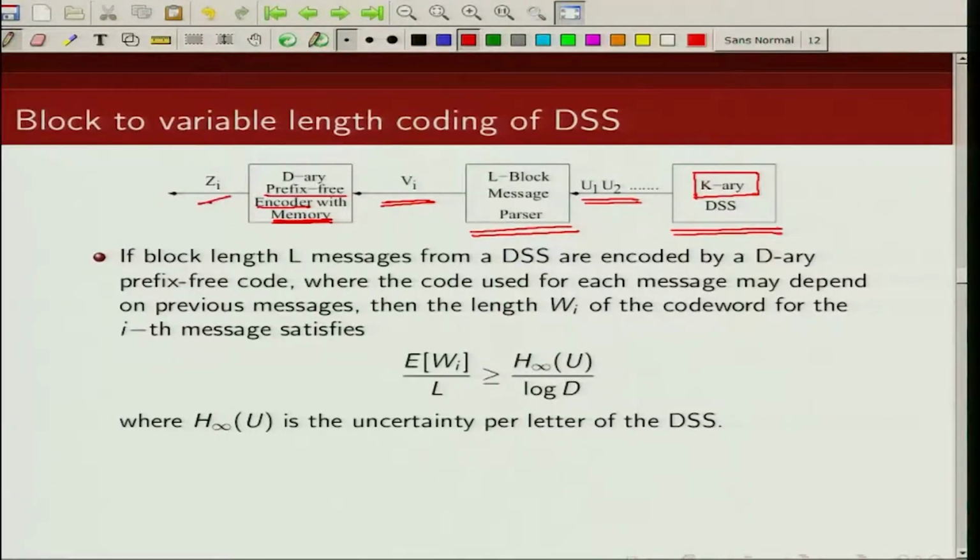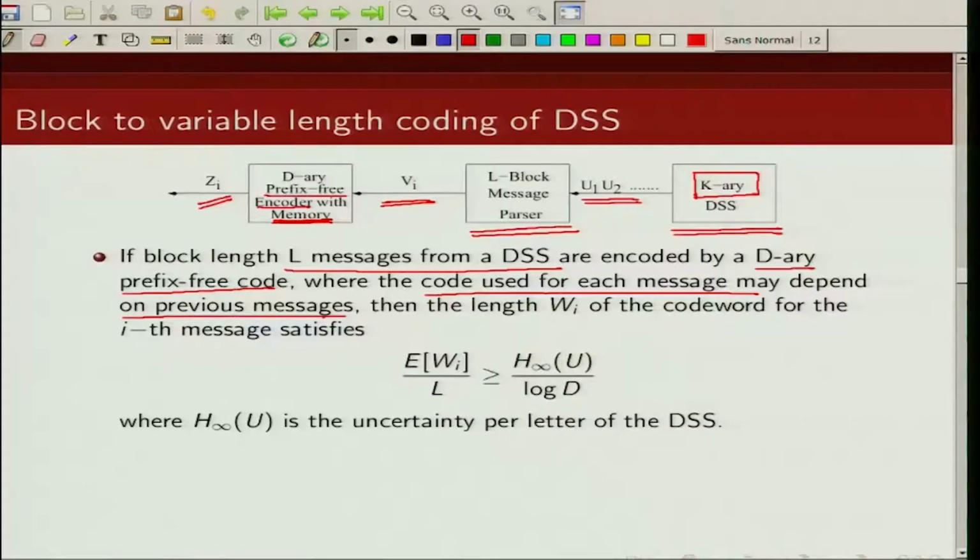And the output of this is my variable length code, which is denoted by Zi. So if block length L messages from a discrete stationary source are encoded using a D-ary prefix free code, where the code used for each of the messages may depend on previous messages. So why are we saying this?